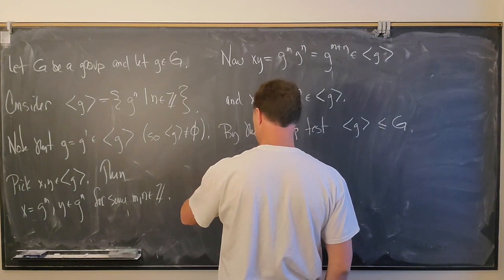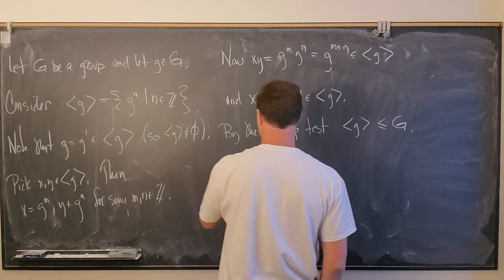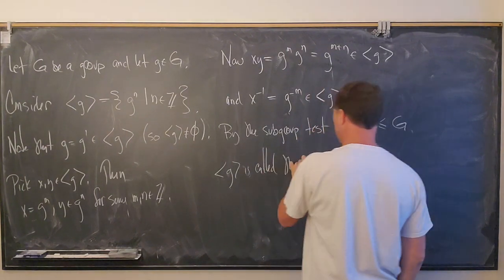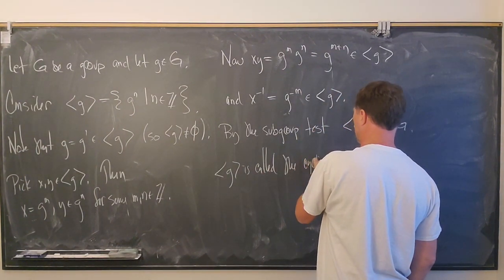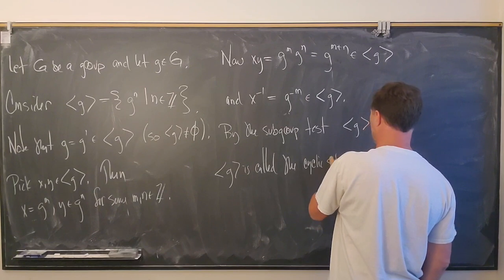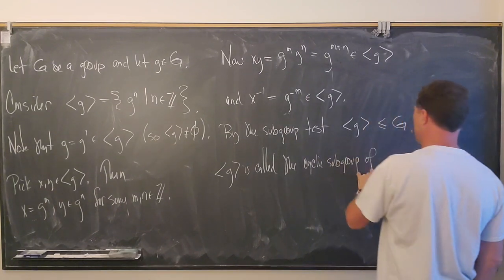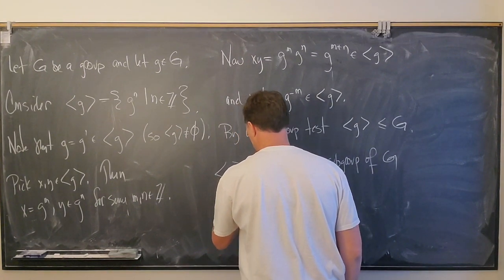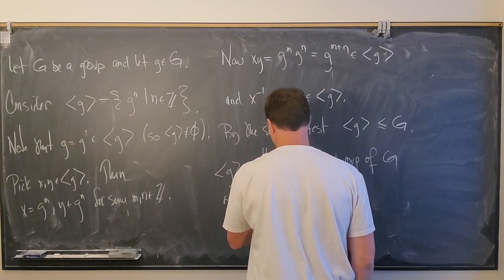Angle bracket g is called the cyclic subgroup of capital G generated by little g.